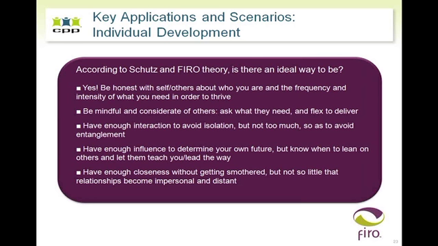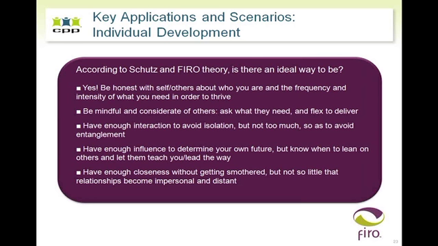And here are the inclusion, control, and affection ahas, according to Schutz. As you can see, it's all about balance, about having enough interaction to avoid isolation, but not so much as to avoid entanglement. That third bullet is all about inclusion, or as FIRO Business would call it, involvement. The second last bullet is about the control area. Have enough influence to determine your own future, but know when to lean on others and let them take the lead and show you the way.